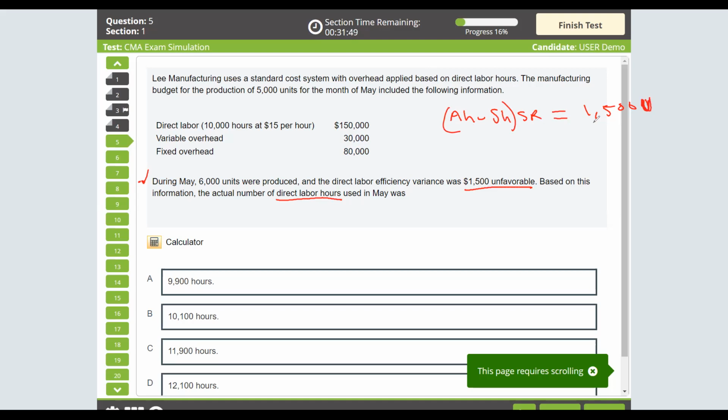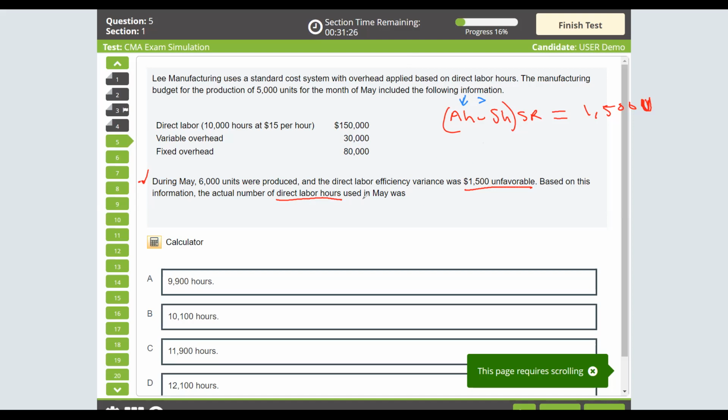One thing I notice here, because it's unfavorable, the actual hours has to be greater than the standard hours. Okay, so that will help me as I solve it. Because it's unfavorable, we spent more hours than we budgeted, which is the standard. So let's see how that works out.